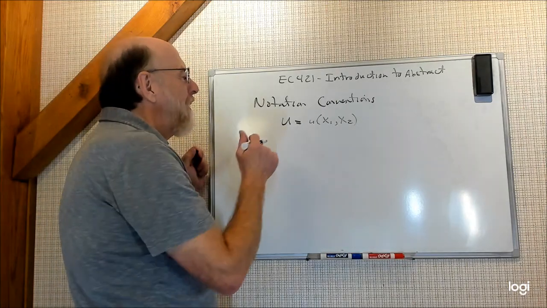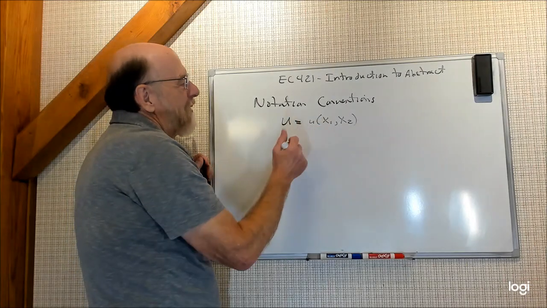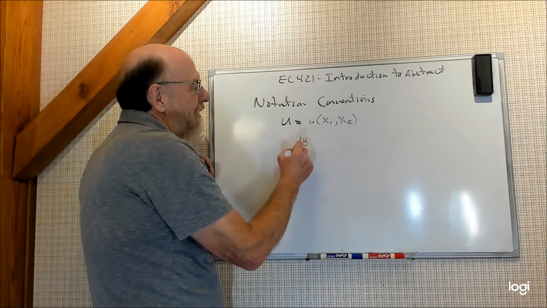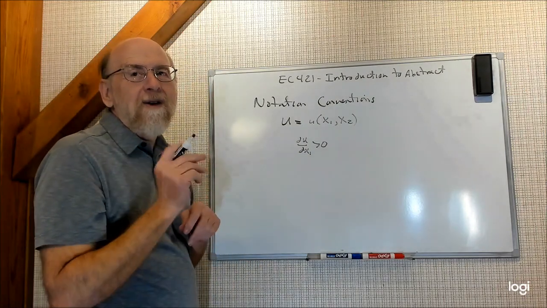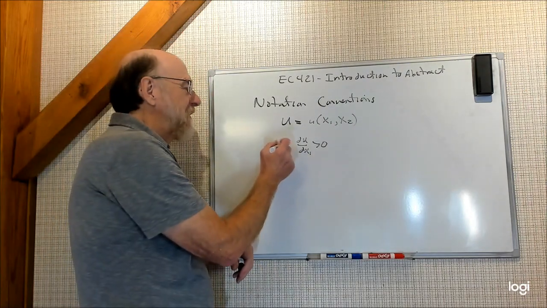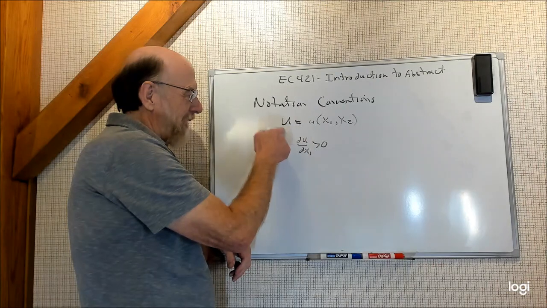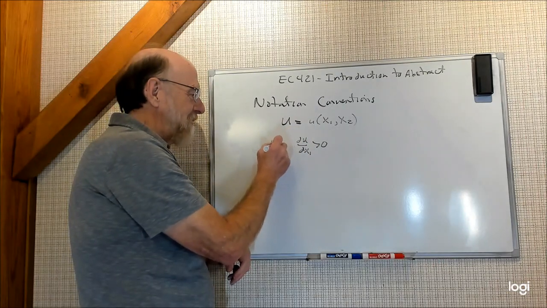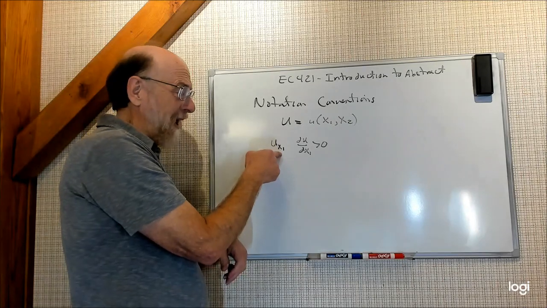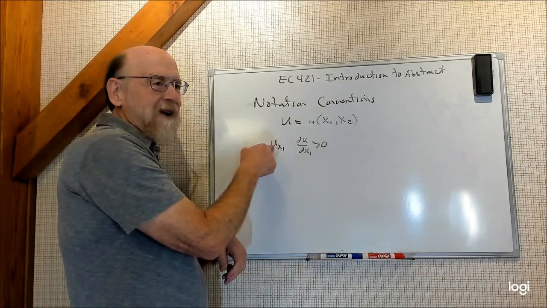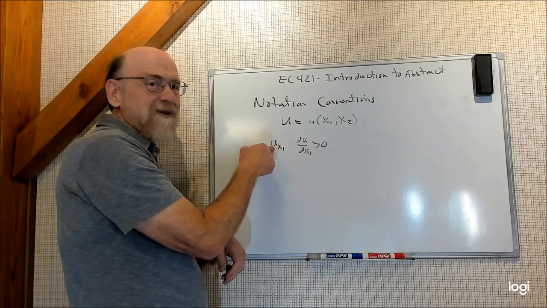Okay, well, if this is a good, then we want to say that du dx1 is greater than 0. Right, so goods have positive marginal utility. And sometimes I write this, and you'll see this in the notes, as u x1. I use a subscript to indicate that this is a derivative of this function.